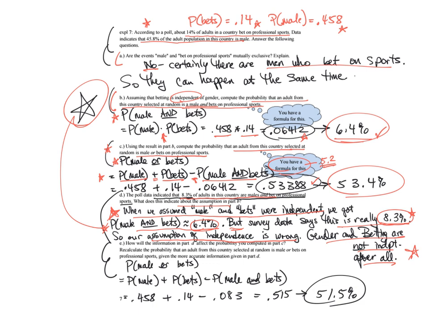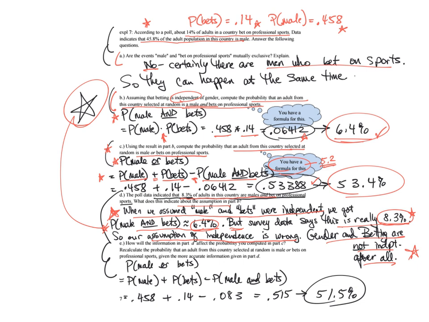So not only can we use this rule to say if two events are independent, then you can multiply their probabilities to figure out the probability that they both occur, right? But the way we're using it here is kind of backwards from that, isn't it?